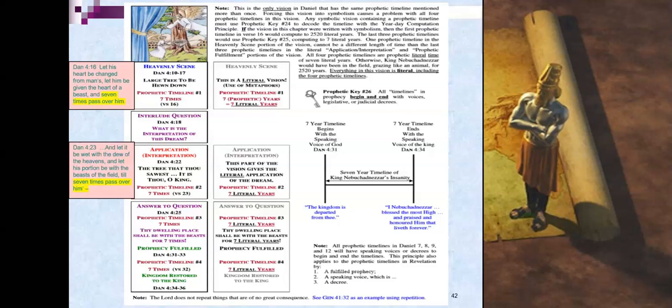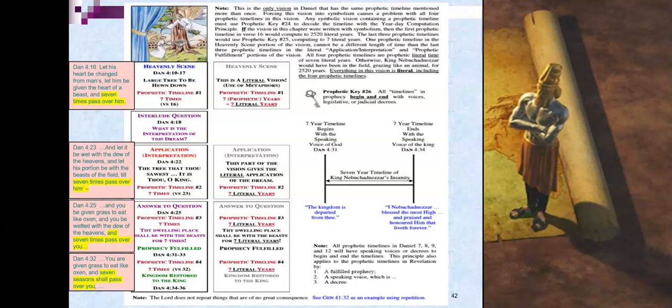Then under the answer to the question, prophetic timeline number 3 comes from Daniel 4:25, and again, seven times pass over him. And lastly, we see it mentioned in verse 32: you are given grass to eat like oxen, and seven seasons shall pass over you.